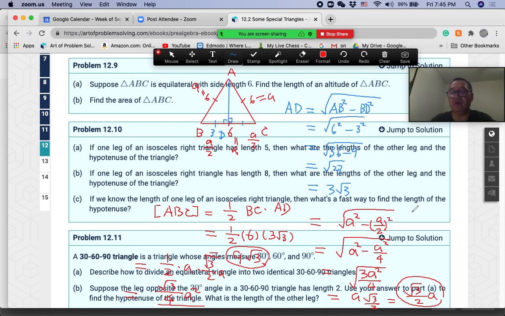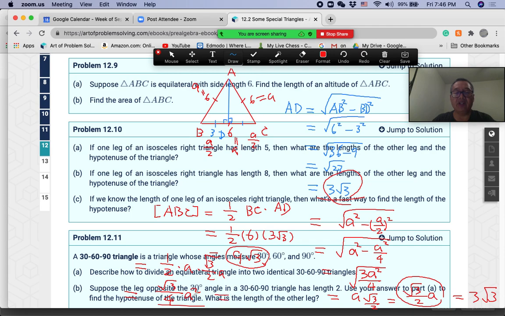Now you can plug in A equals 6 and see if the answer is the same as what we calculated before. If A equals 6, then the altitude equals 3 times root 3. See, that's exactly the same as what we got before. Then you can also plug A equals 6 into the area formula to check.